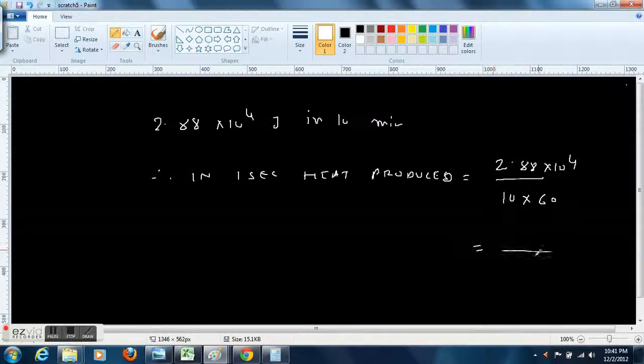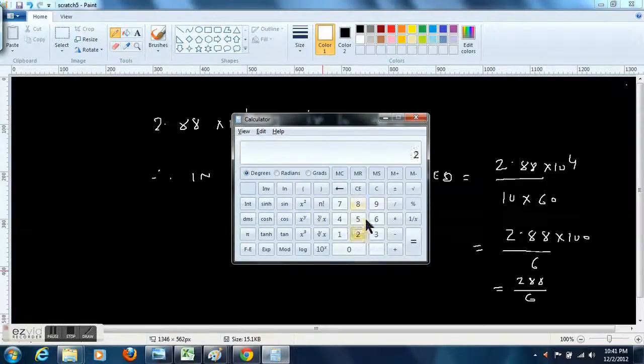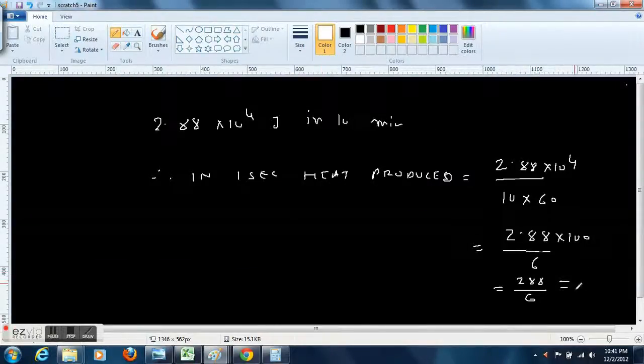This is the amount of heat produced in 1 second, which is equal to power, because power is nothing but heat produced or energy consumed divided by total time. So this comes to 288 divided by 6. Let us do the division, see how much it comes, which comes to 48. So this is coming as 48 watts. Therefore the power is 48 watts. That means 48 joules of heat is produced in 1 second. So first part is solved, 48 watt.